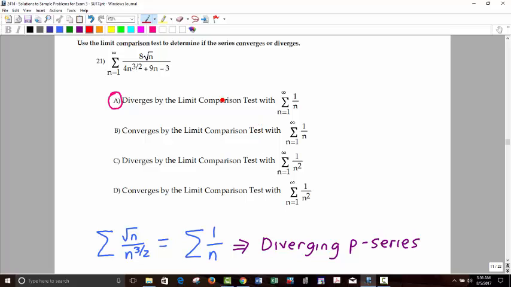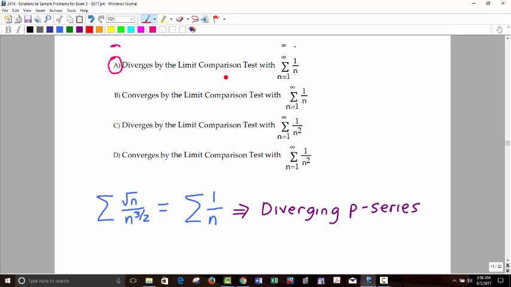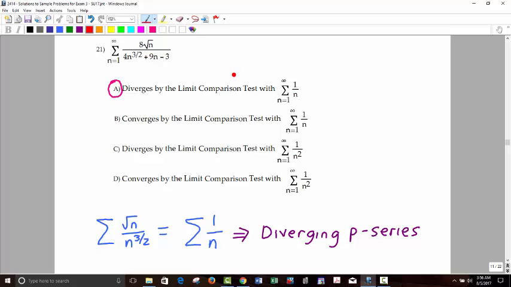But now you have to decide. The key is whether it converges or diverges depends on what the series you're testing it with does. Well, 1 over n is a diverging p-series. And since our limit would have been either 8 over 4 or 4 over 8, depending on which one I put on top or on bottom, you might want to try that for practice.